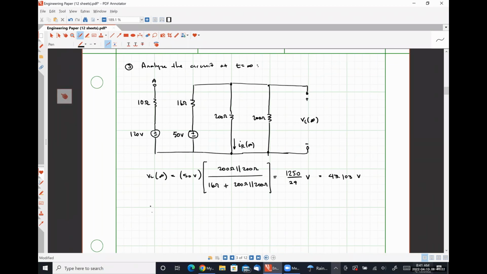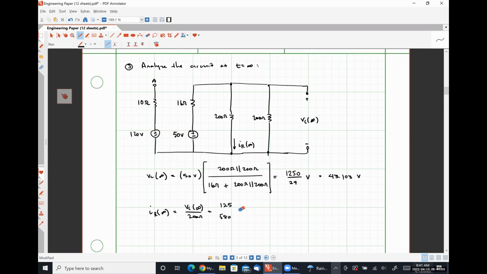IR of infinity using Ohm's law is just VC of infinity divided by 200 ohms. So that's going to look like 1250 over 5800, or 125 over 580.